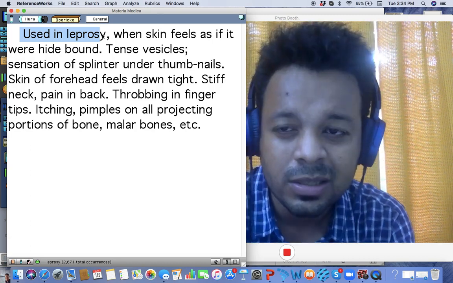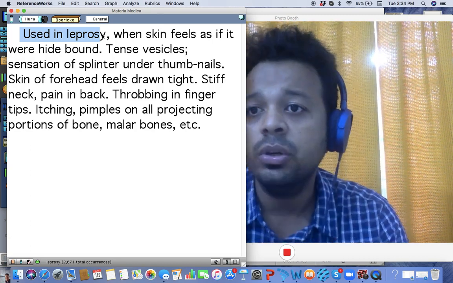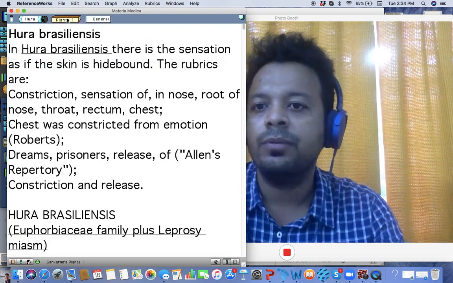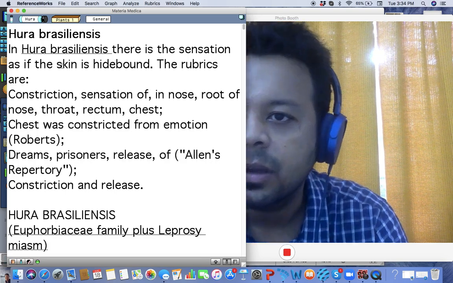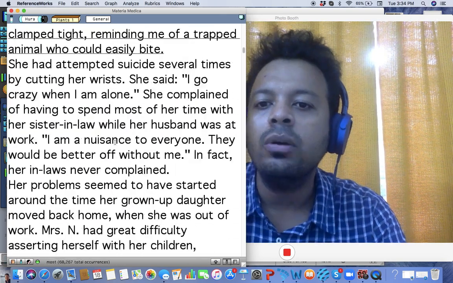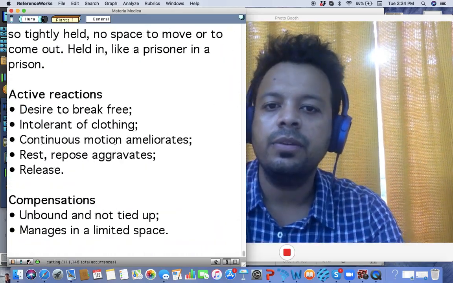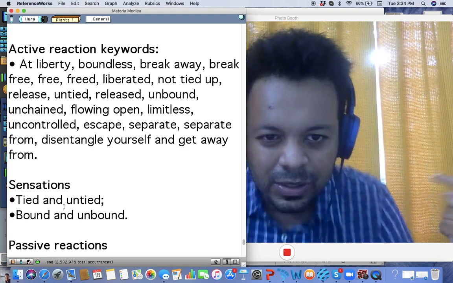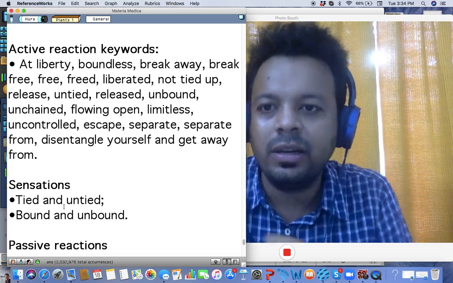And then you can understand it belongs to the Euphorbiaceae family, the main sensation of the Euphorbiaceae family. You can see this hidebound is that of being bound and restricted, as if he's being tied, straitjacket, totally restricted in life.